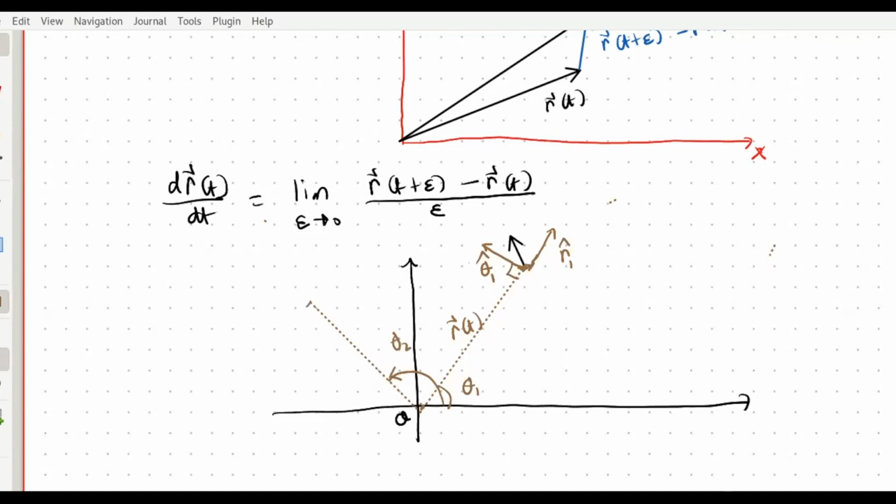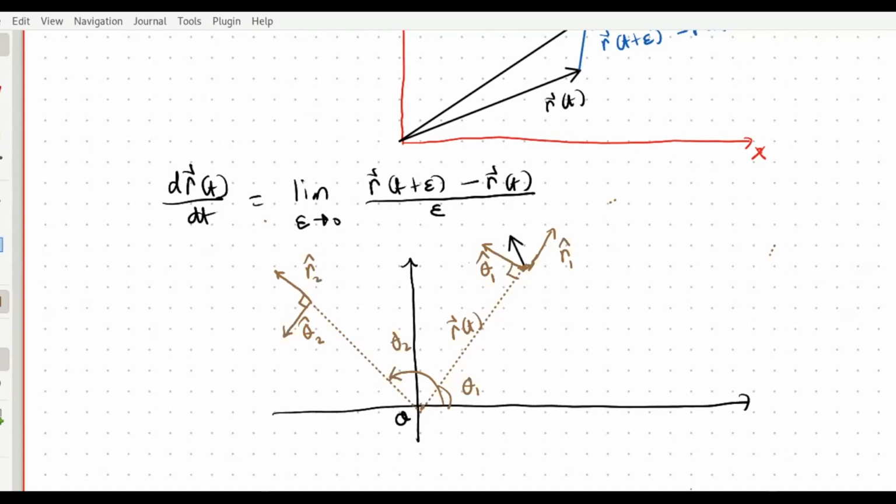Then the unit vectors will be like this. Sorry, baliktad. So theta 2, r hat 2, theta hat 2. They're perpendicular.